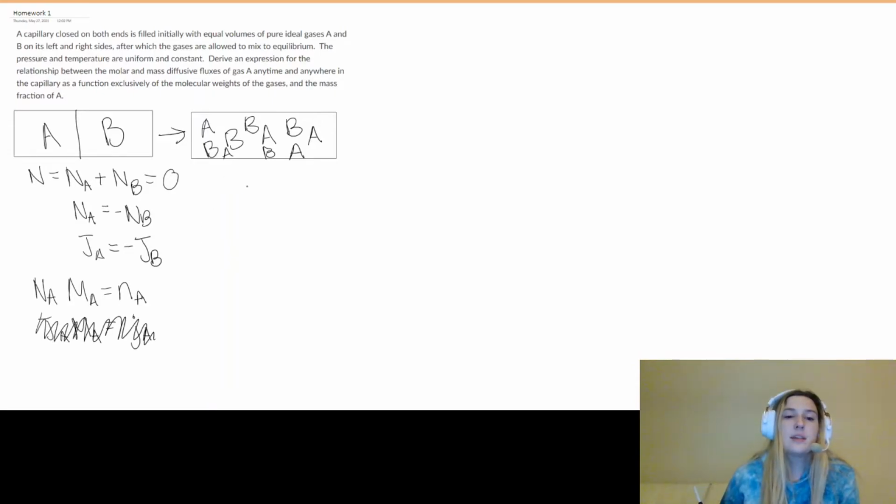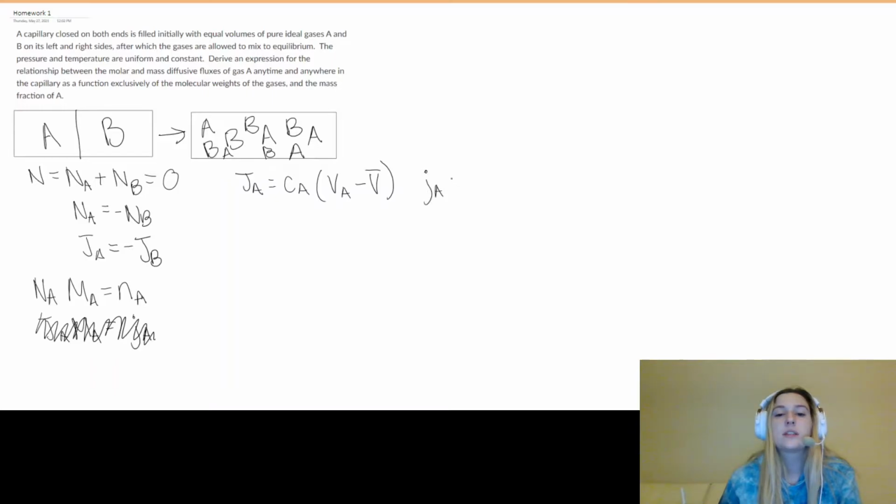And to see this, let's look at the equations for molar diffusive flux and mass diffusive flux. So the equation for molar diffusive flux is molar diffusive flux equals molar concentration times the velocity of A minus the molar average velocity of all the components. So that is molar diffusive flux.